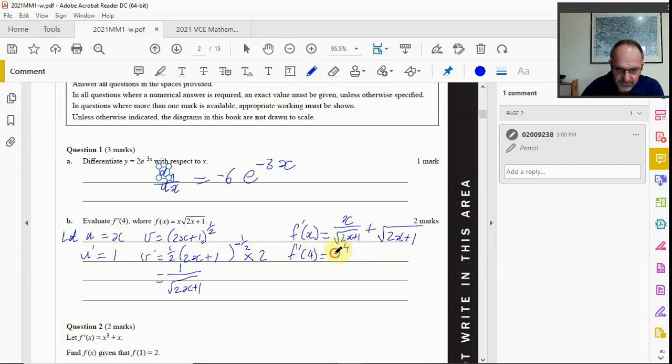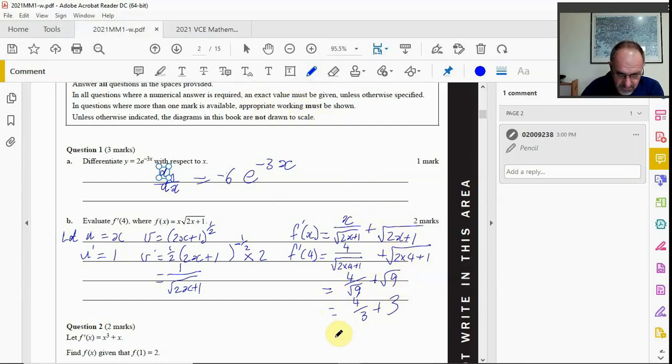So 4 over the square root of 2 times 4 plus 1, plus the square root of 2 times 4 plus 1. So we've got 4 over root 9 plus root 9. So we've got 4/3 plus 3. All right, and now we've got to give an exact value answer.